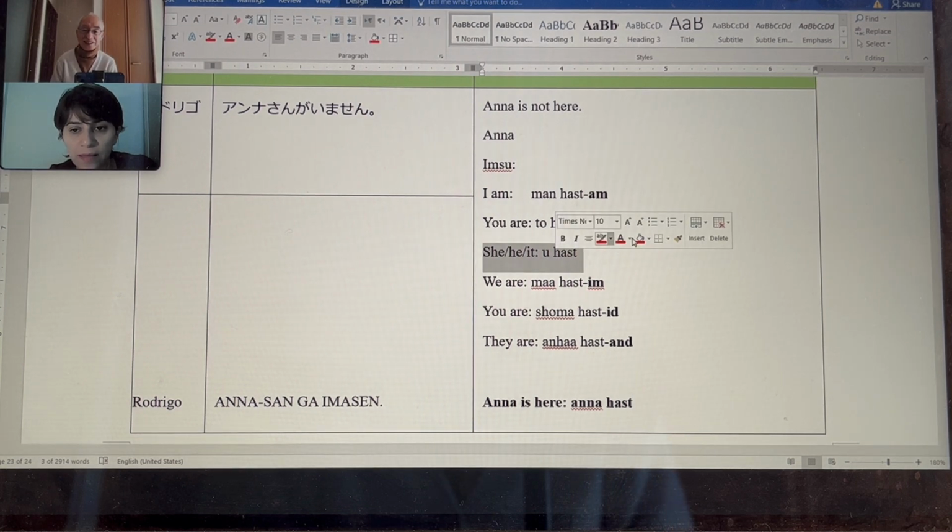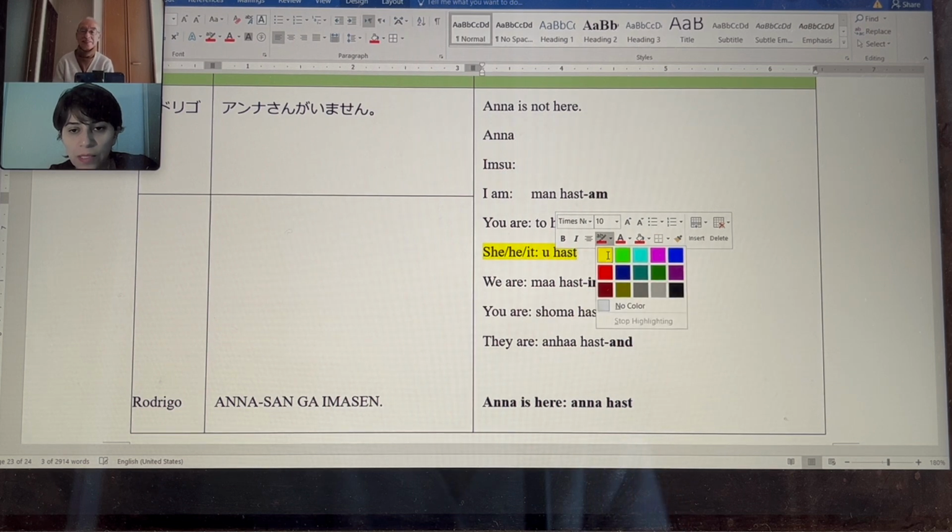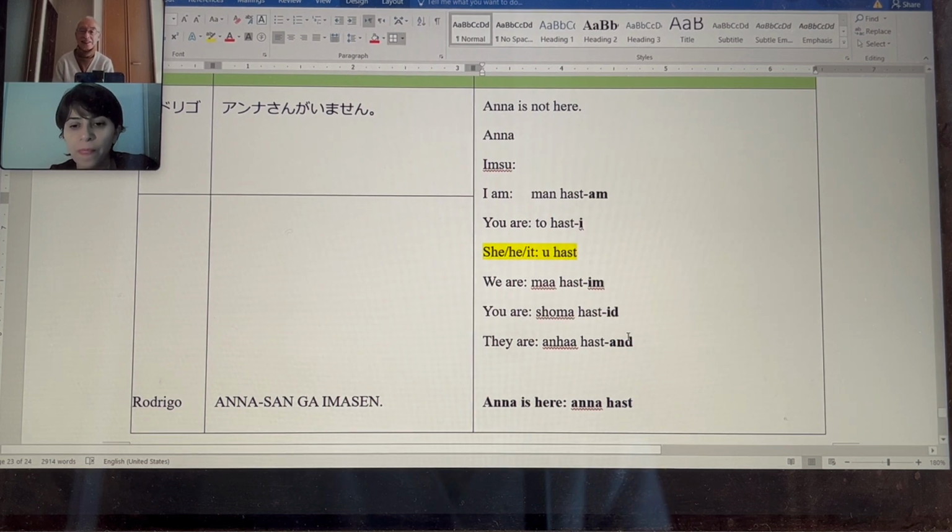Anna hast. It means that Anna is here. Right? Yes. Next, the negative form of the verb to be. Let's conjugate it.